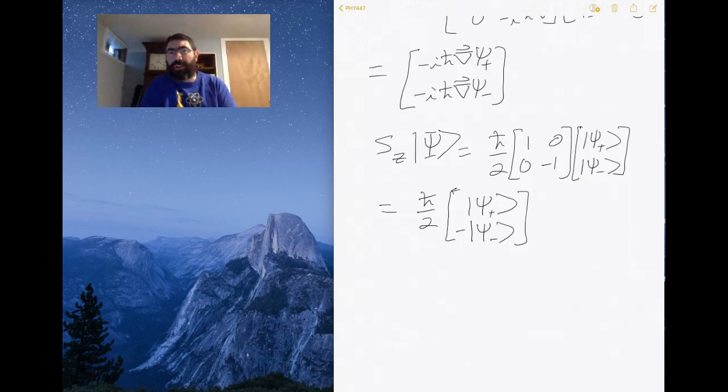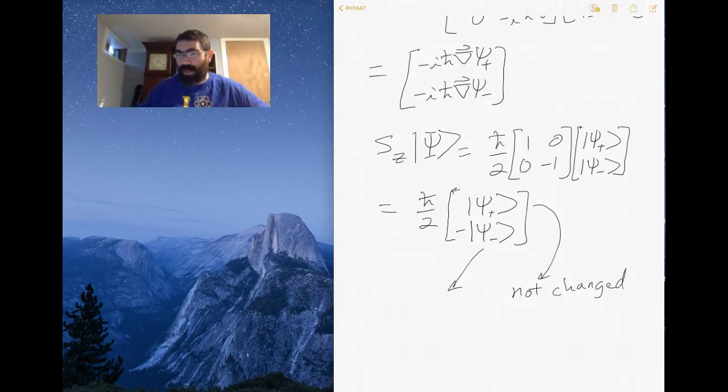So the interesting thing is now I've transformed our vector of states where the rotation of the spin in the z component is going to not change the first one, but the second one now has a minus sign. So I've switched the sign. Spin up doesn't change.